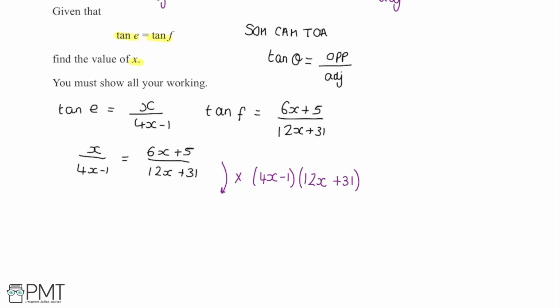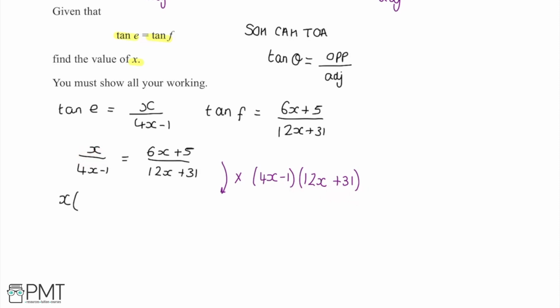So if we multiply the left hand side by 4x minus 1, it basically cancels out the denominator, but then we still need to multiply x by 12x plus 31.